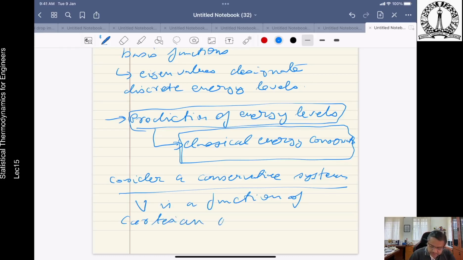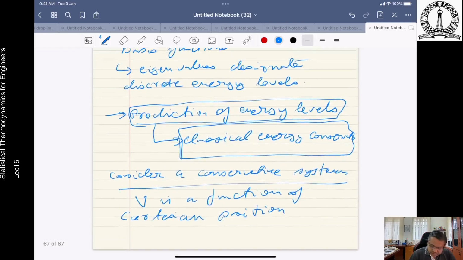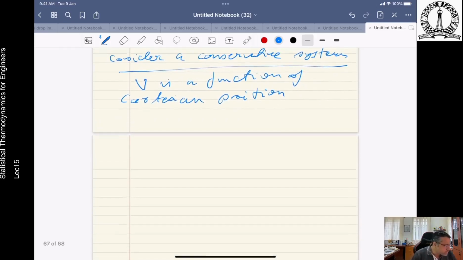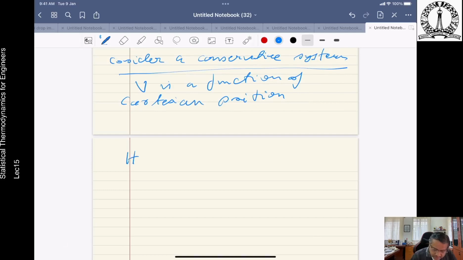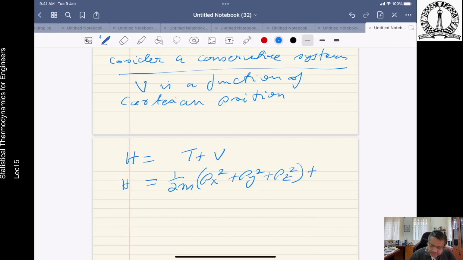So if I look at it now, the resultant Hamiltonian in normal parlance is given as T plus V, which is equal to 1 by 2m, if it's a three-dimensional system, px squared plus py squared plus pz squared, plus V.